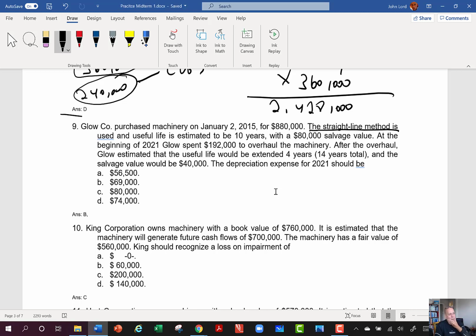So it's more likely that I'm going to use straight line in combination with some other factor, like asking you to calculate the gain or loss on the sale, or saying they depreciated the asset up to a certain point and then they did some repairs, which would be the depreciation going forward, which is what I think this question did.